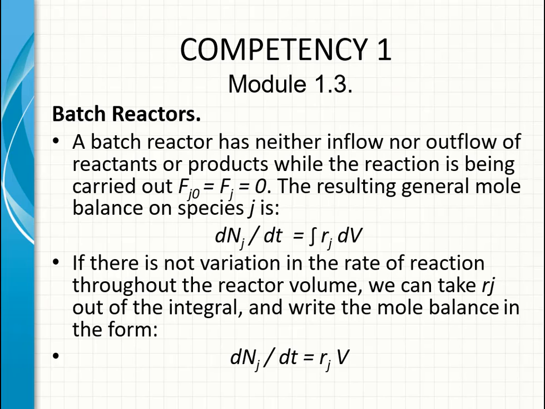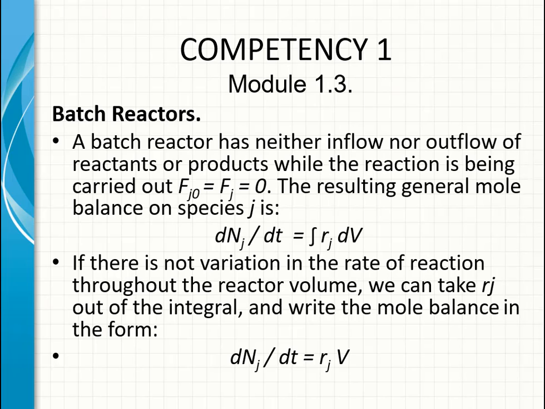A batch reactor has neither inflow nor outflow of reactants or products while the reaction is being carried out. So Fj0 equals Fj equals 0. Nothing is coming in, nothing is going out. The resulting general mole balance on species J is dNj divided by dt equal to the integral of Rj dV.